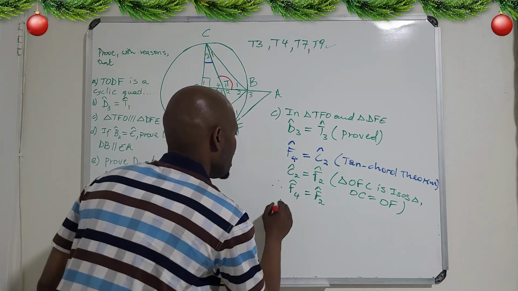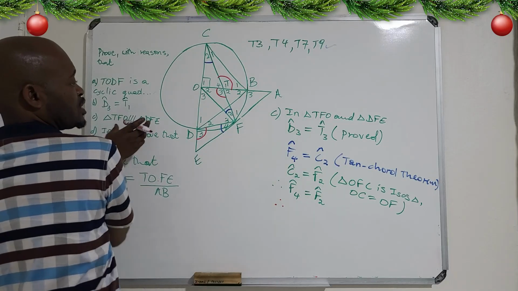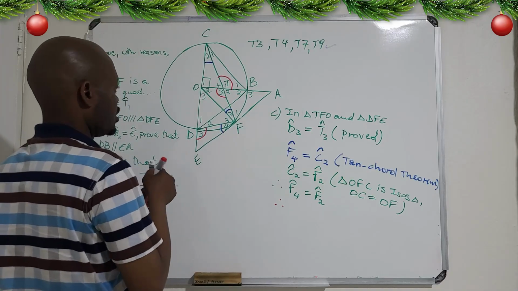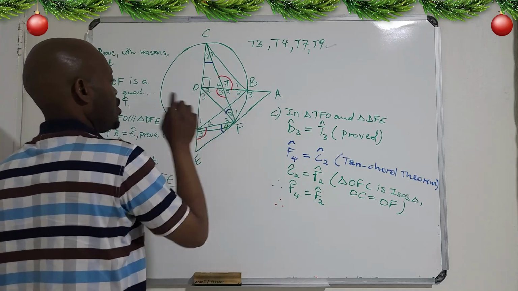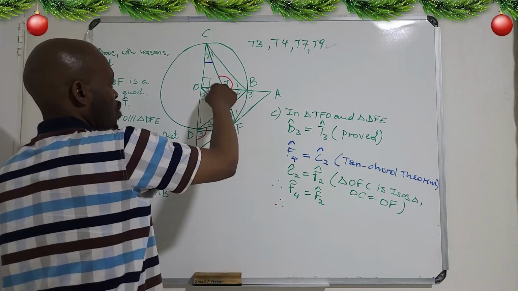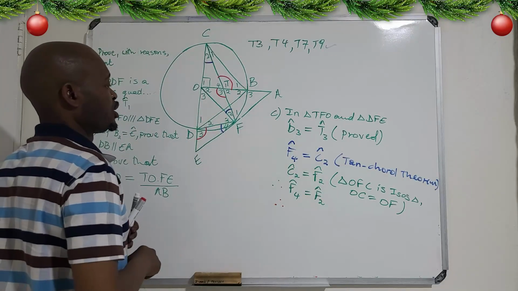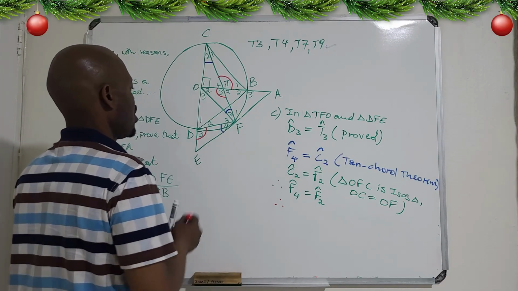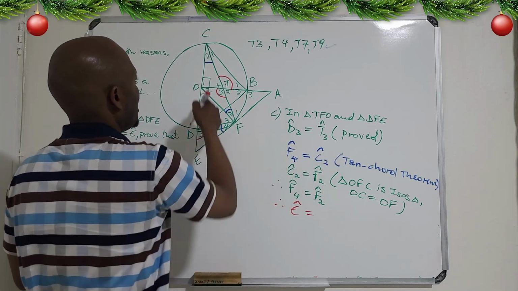Therefore, I can conclude from here that these two are similar because I've got two angles on one triangle which are equal to two angles on another triangle. Therefore, these two triangles are similar, which means they are equiangular. Or we can continue with it where we say angle E is equal to angle O2.